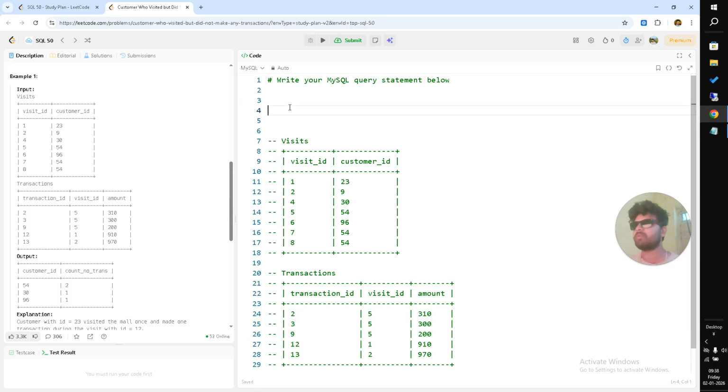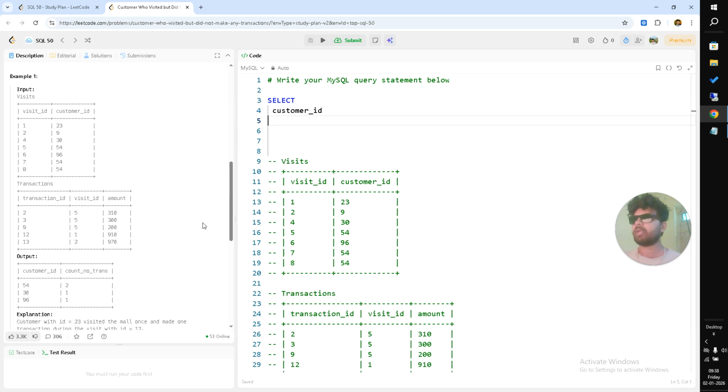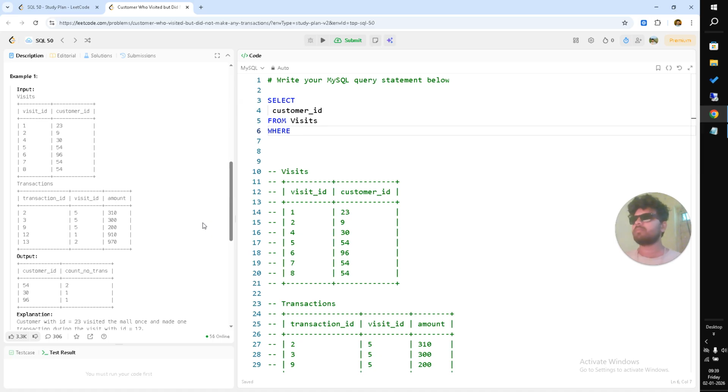Okay, so what we will do is select customer ID from visits where visit ID not in the transactions table's visit IDs.